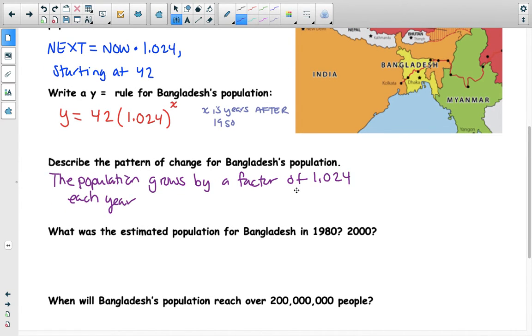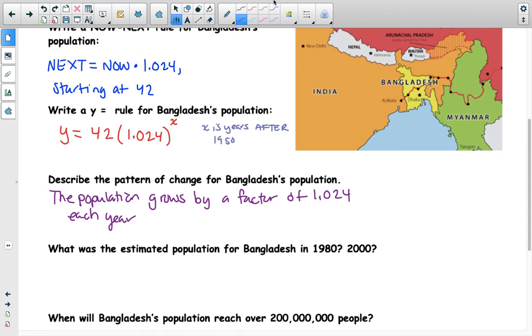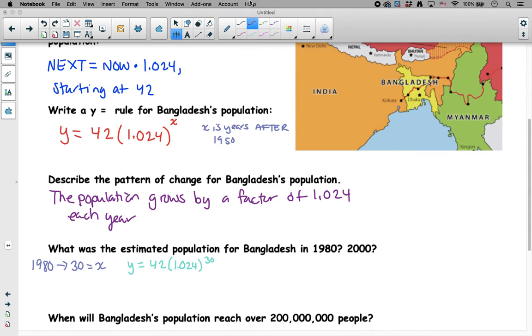What was the estimated population for Bangladesh in 1980 and then also for 2000? In 1980, we need to know how many years after 1950 that is. So 1980 is 30 years after, so x would equal 30. If we plug this in, we have y equals 42 million times 1.024 raised to the 30th power, because that's 30 years after 1950.